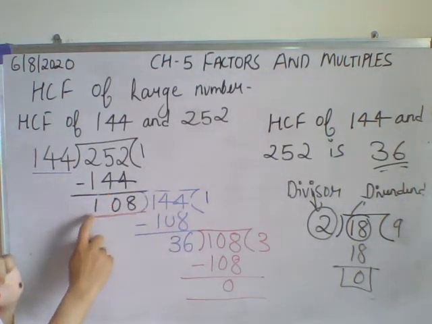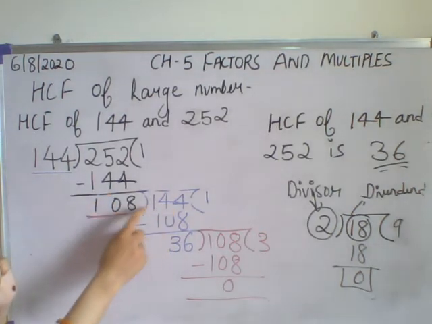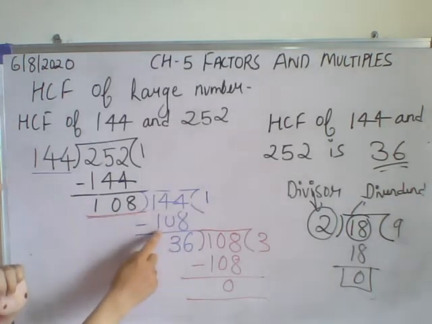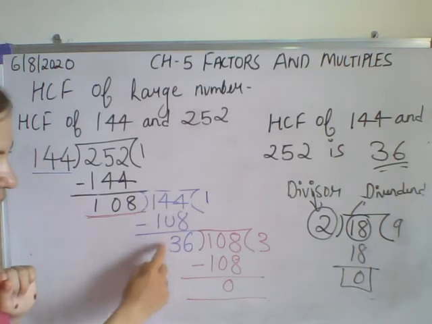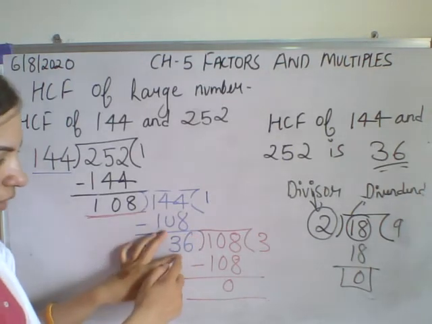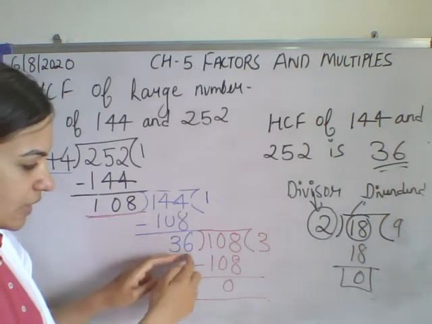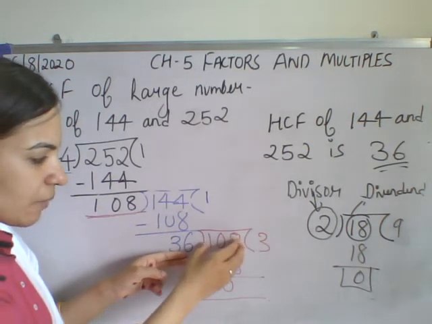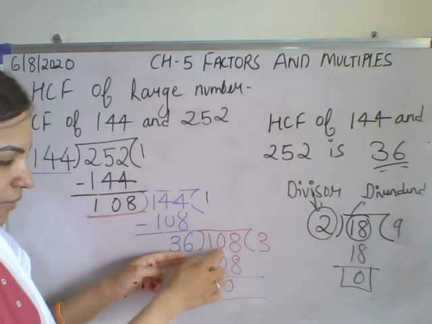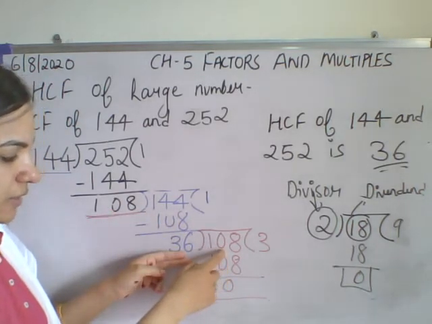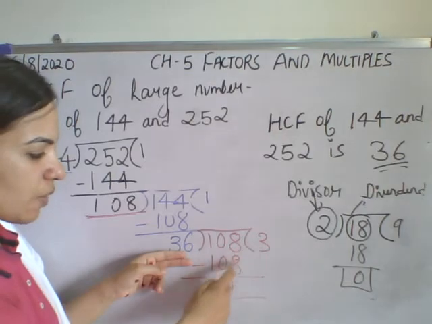Then you will be dividing 144 by 108. So 108 ones are 108. Here the remainder comes 36. This remainder becomes the divisor for your next division. So here is 36, and what you will be writing in the brackets? This number. So 36 3s are 108.